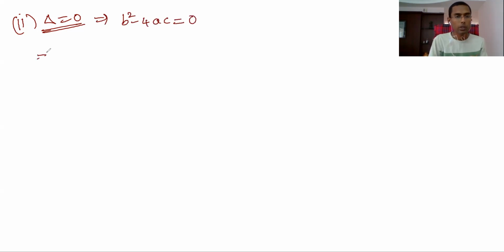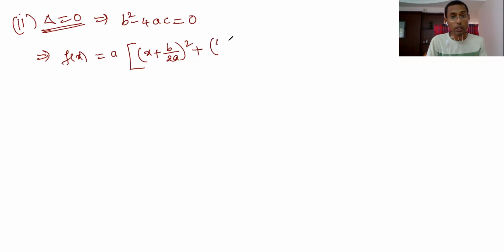Then what you're going to get in this case is f of x equal to, again, if you take a common, the expression is very important: x plus b by 2a whole square plus 4ac minus b square by 4a square. I took the minus inside, minus d by 4a square.